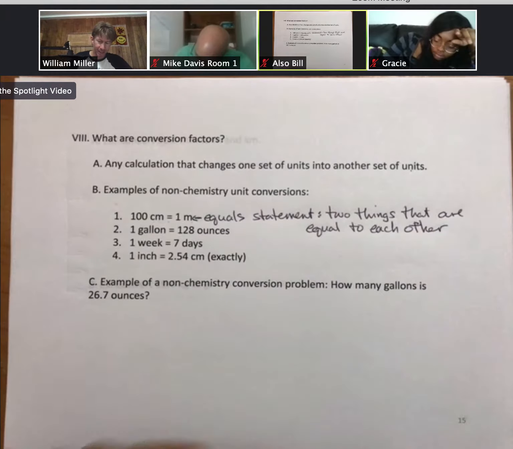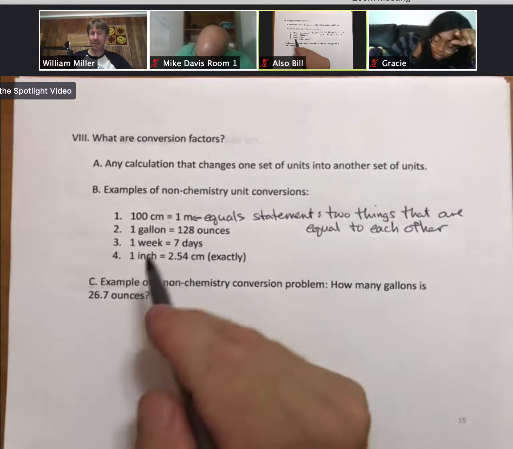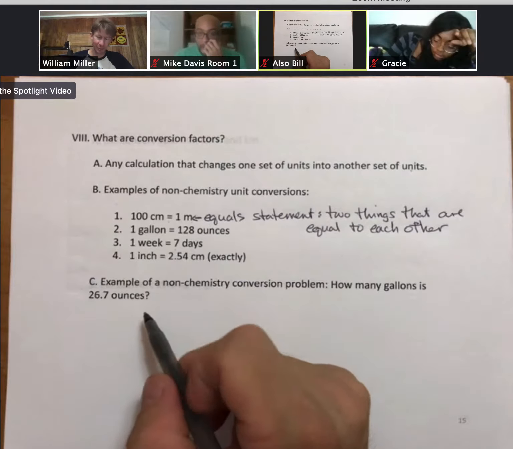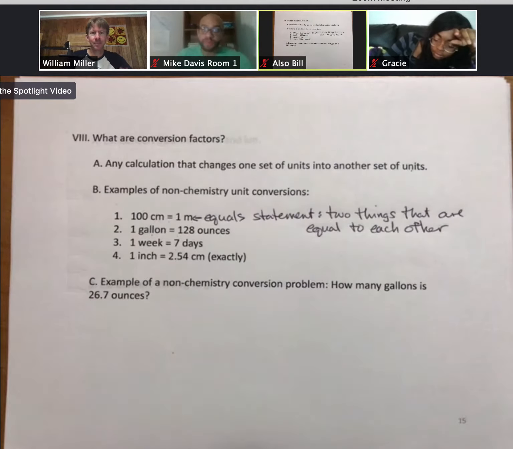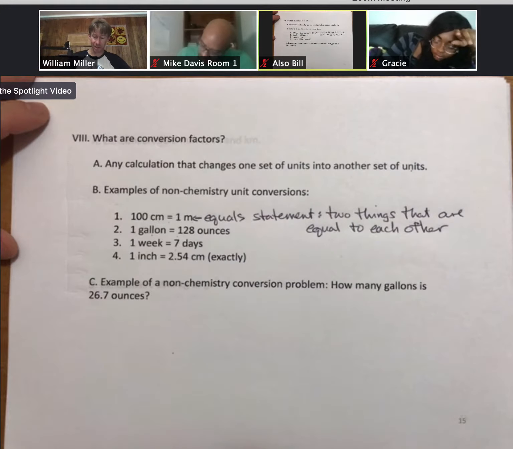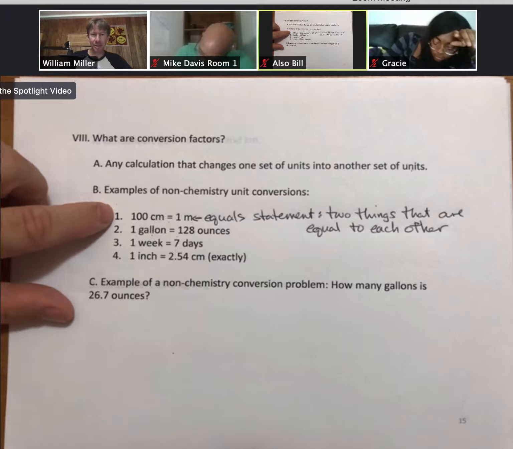So like 1 week equals 7 days. That's one we're probably pretty familiar with. 1 gallon equals 128 ounces. Maybe we have an idea about that, but we have to Google it to look it up. 100 centimeters equals 1 meter. That you can look at a meter stick to find.